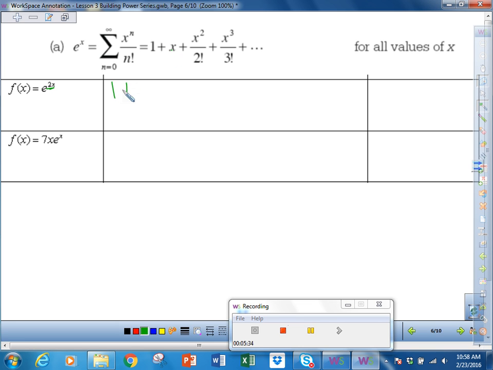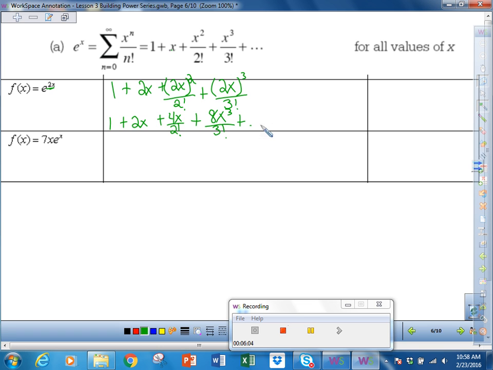So individual terms would give me 1, 2x, plus (2x) squared over 2 factorial, plus (2x) cubed over 3 factorial, which would simplify to 1 plus 2x plus 4x squared over 2 factorial plus 2 cubed is 8, 8x cubed over 3 factorial.